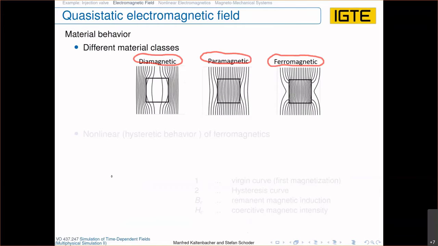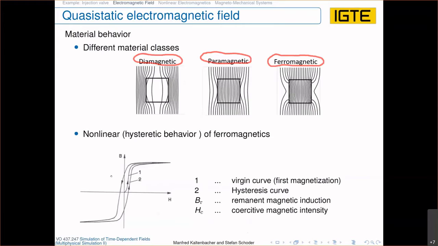Now, when you try to measure the behavior between the magnetic field intensity H and the magnetic flux density B, you will find that you have a hysteretic behavior. Starting at the demagnetized state, when you measure B and H, you go along the so-called virgin curve, the first magnetization curve as shown here.